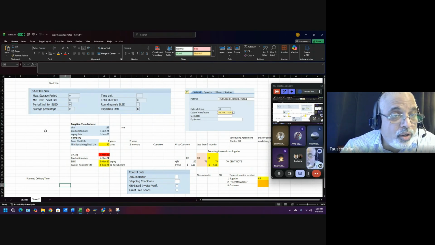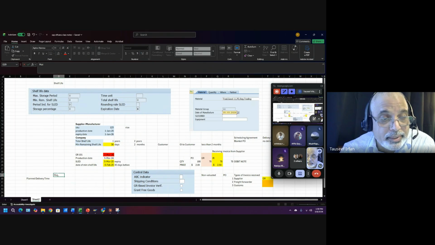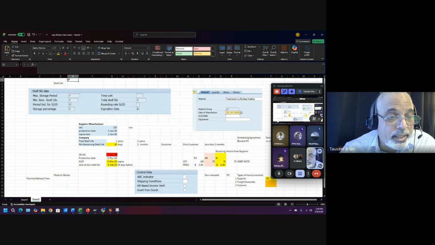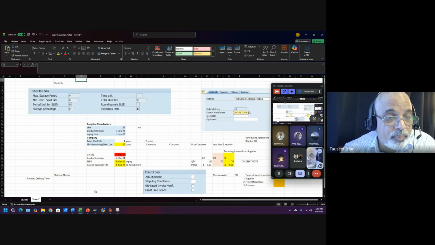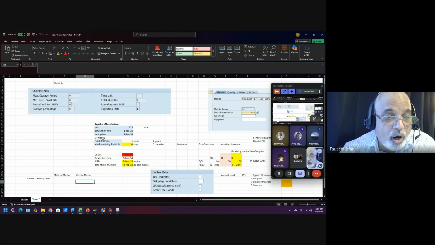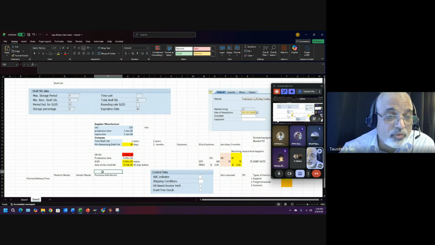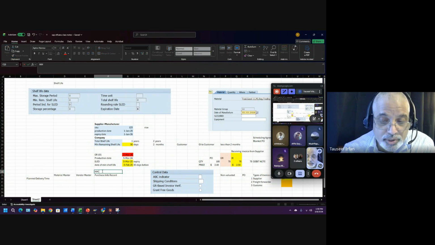So you know now that I can set the planned delivery time at the material master level, or I can set it at the vendor master level, or I can set it at the purchase info record. We learn that on the Saturday or Sunday class. And what is purchase info record? Purchase info record is material master plus vendor master. Okay.